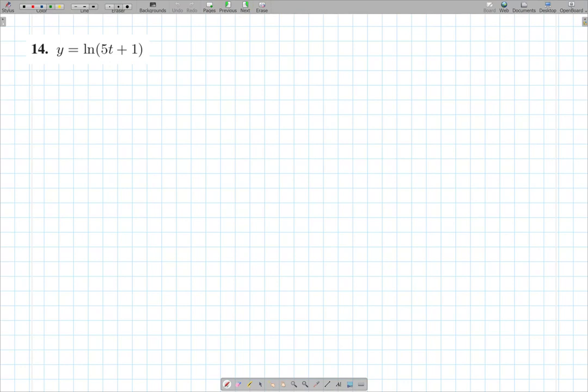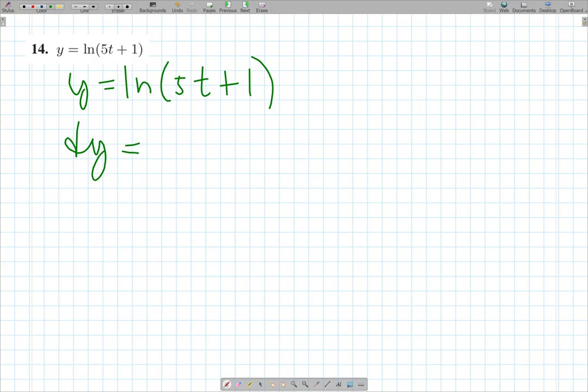Okay, next: y equals ln of 5t plus 1. There are two variables here, y and t. Using the implicit derivative, it's easy. What is the derivative of ln?